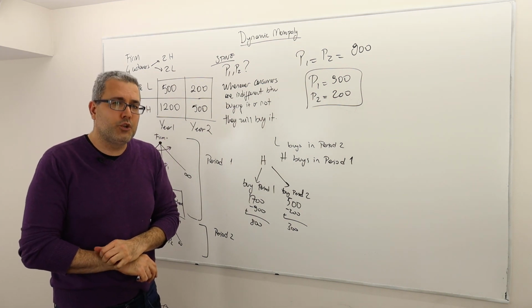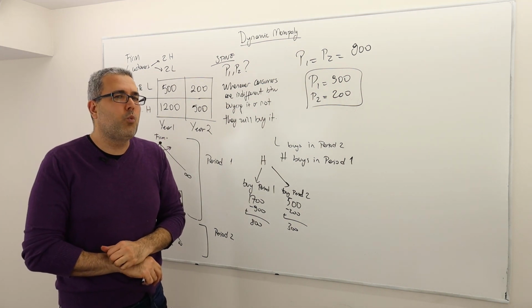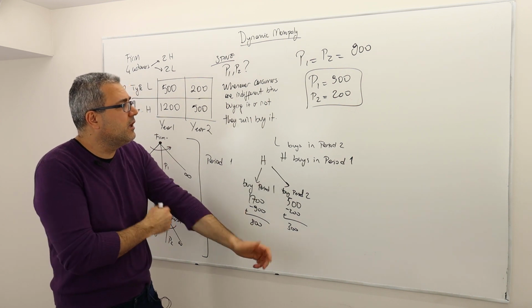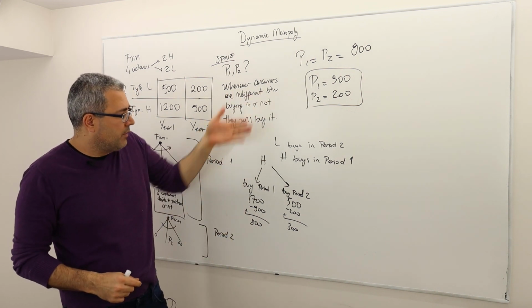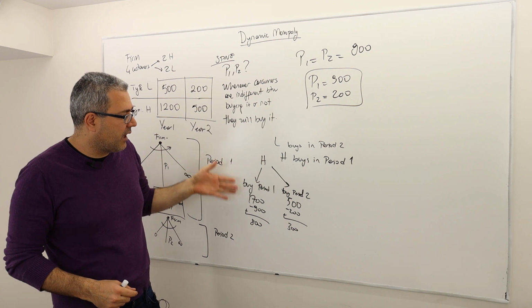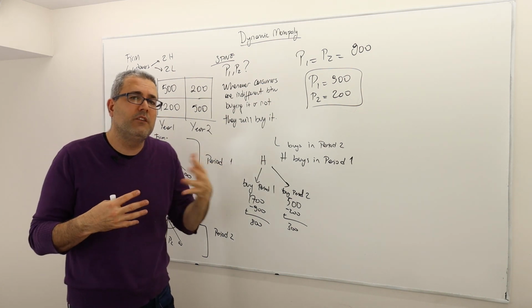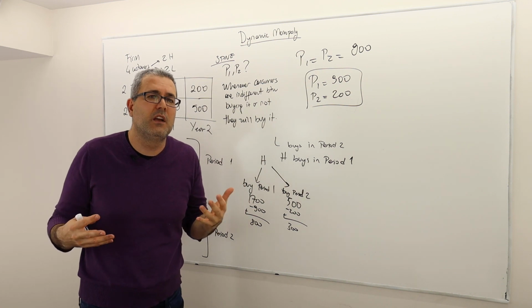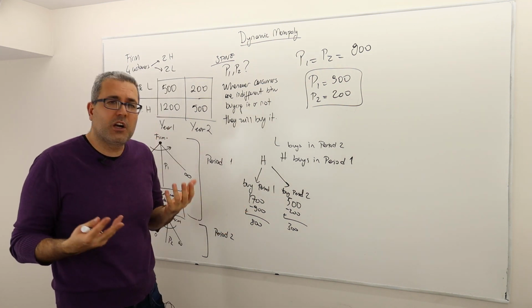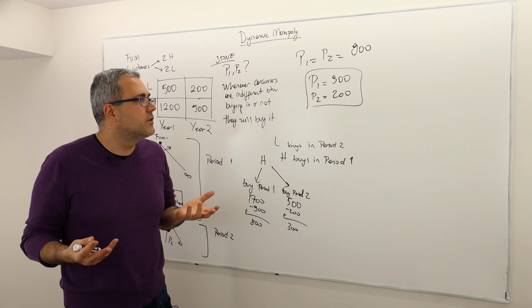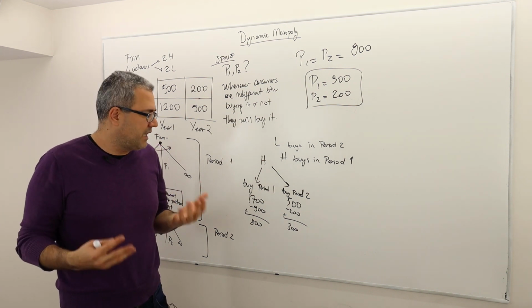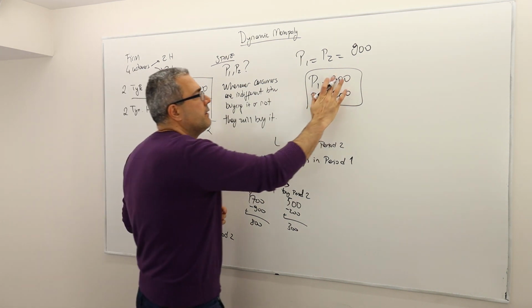And I should charge a higher price. But why? Well, look, these high type guys are actually benefiting 1,700 units, meaning they're willing to pay $1,700 in period 1. And I am charging only $900. So maybe I should charge 1,700 in the first period.